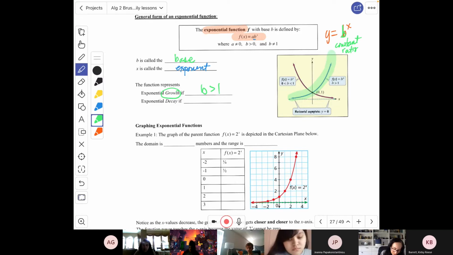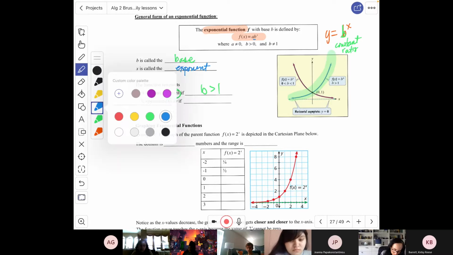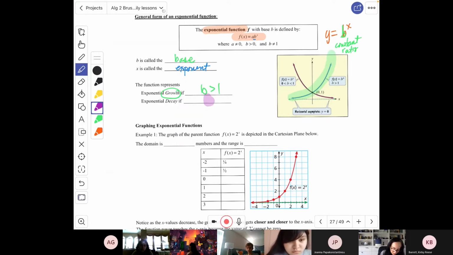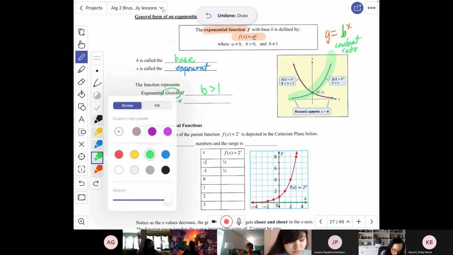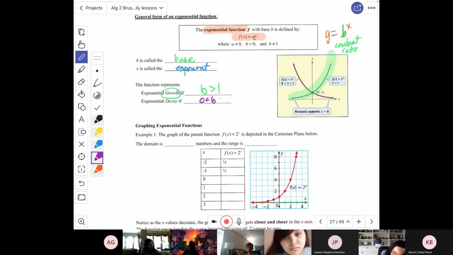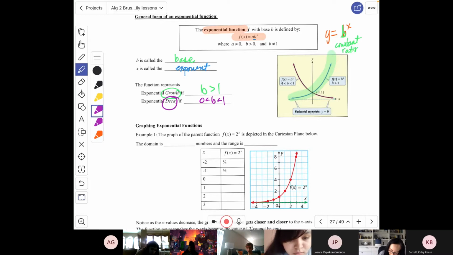Okay? If the b value is a fraction, a proper fraction, it is decay. So that's how you know.